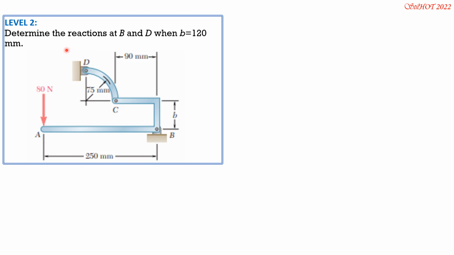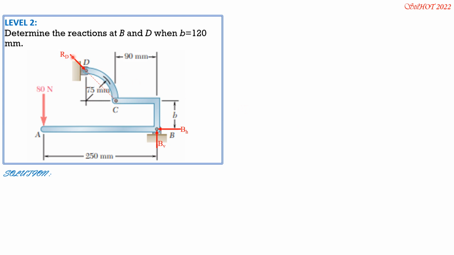So let's have RD, which passes through C. Because C is an internal pin, we will not show R sub C anymore since we consider the free body diagram of the entire system. So we have BH and B sub V only. But take note that R sub D equals R sub C, of course.